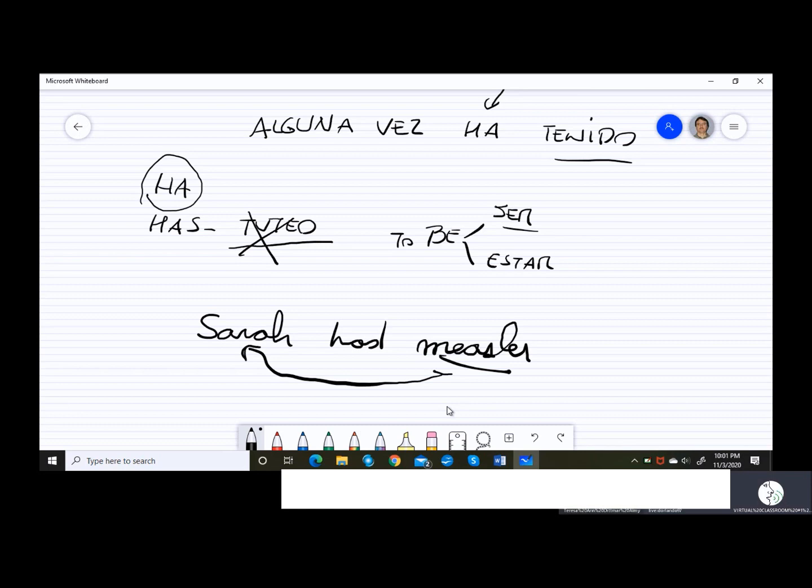And I will send you, one of my students developed a little picture about a chicken, and she said, la gallina Mariela tuvo varicela, something like that. I don't remember. And it's a picture of a chicken. So you remember chicken pox, and the chicken has a name on it.